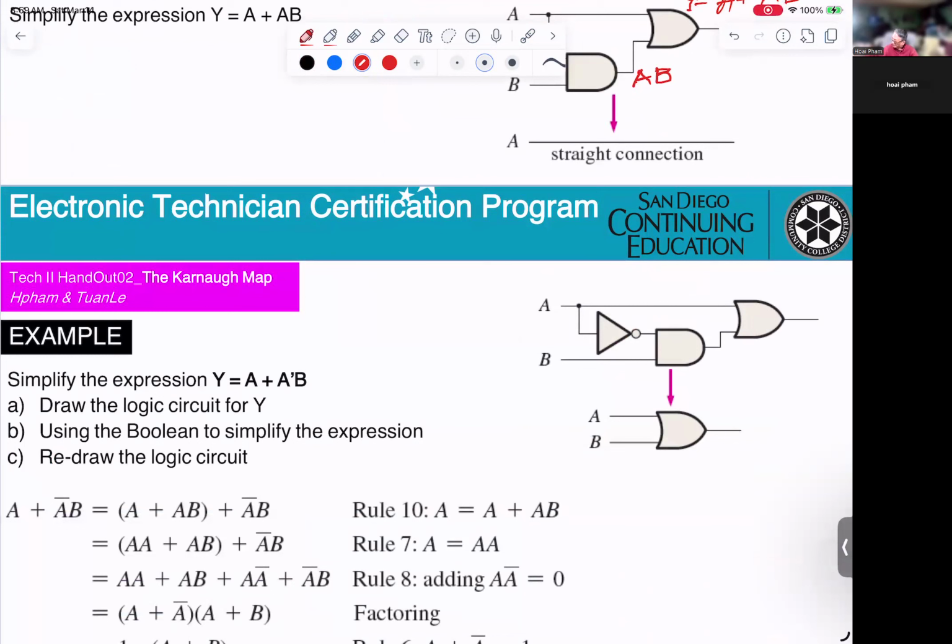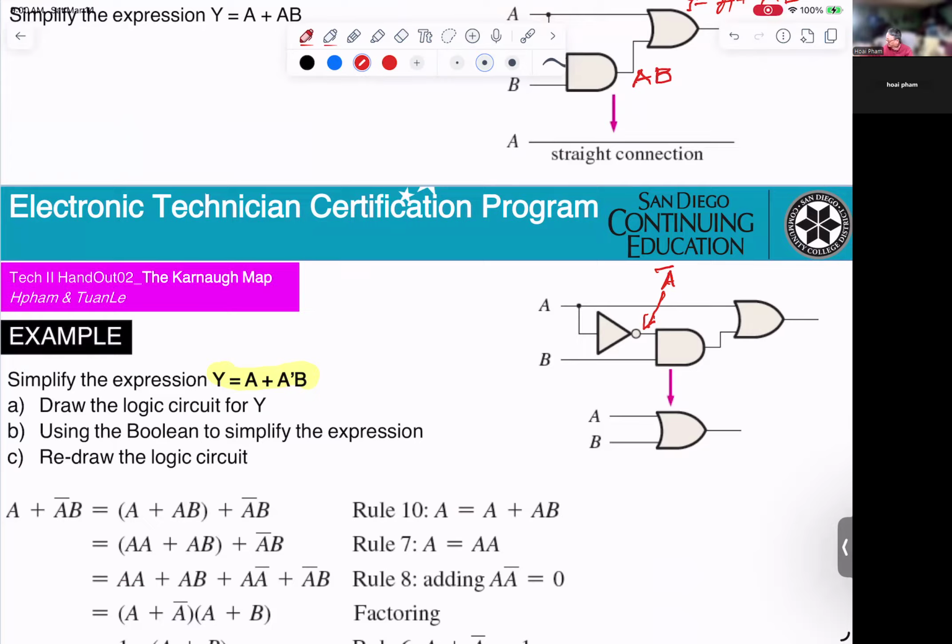Now, try to say we get that Y equals A or A not B. Okay? First thing, we draw the circuit. A. Okay? In here, A not. Okay?